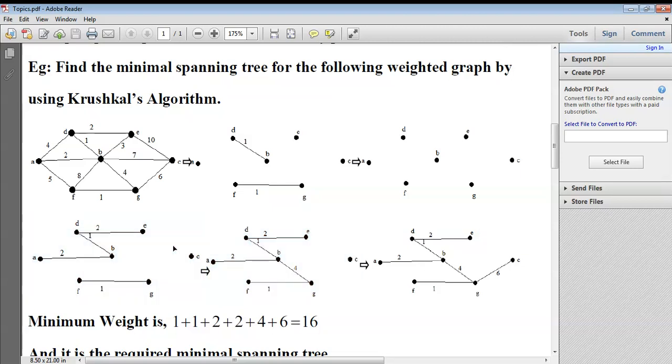If I take AD, then it will be a cycle, so I have not taken edge AD. Then finally I have taken the edge with weight 6. So the last graph is the required minimal spanning tree.